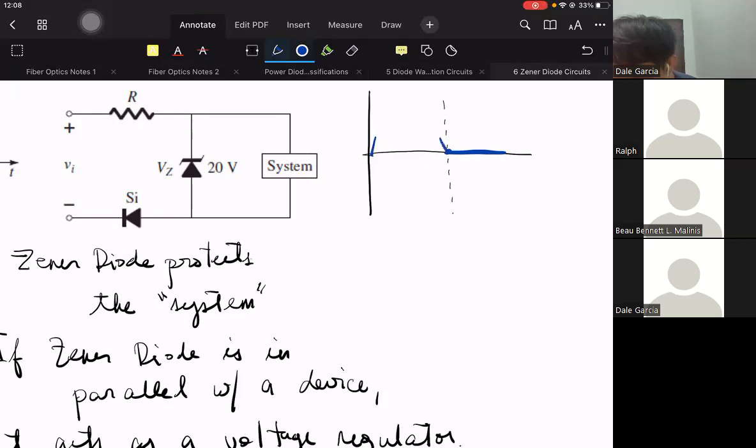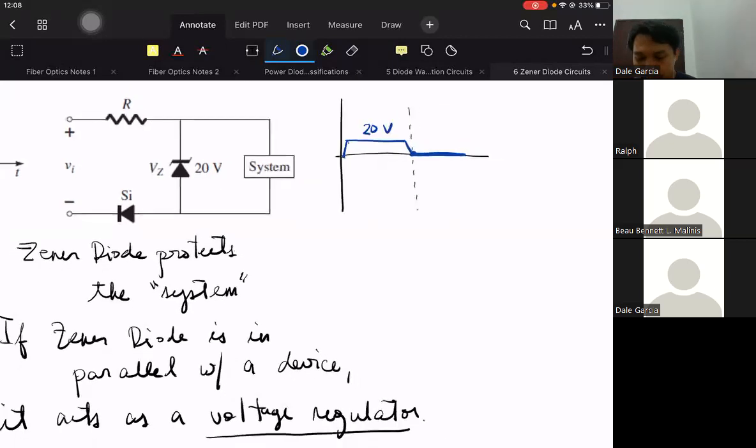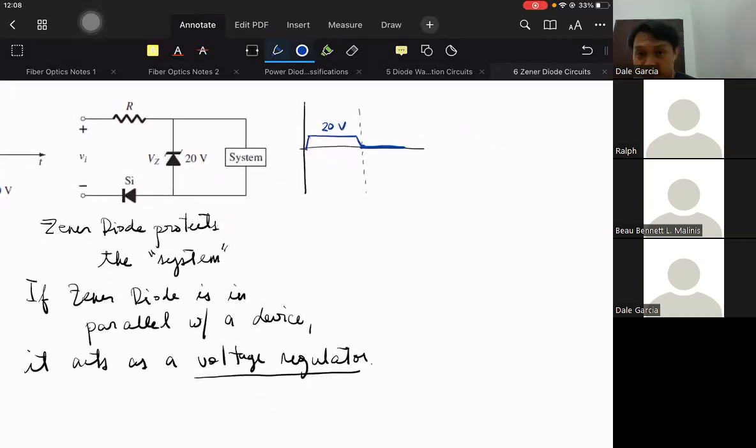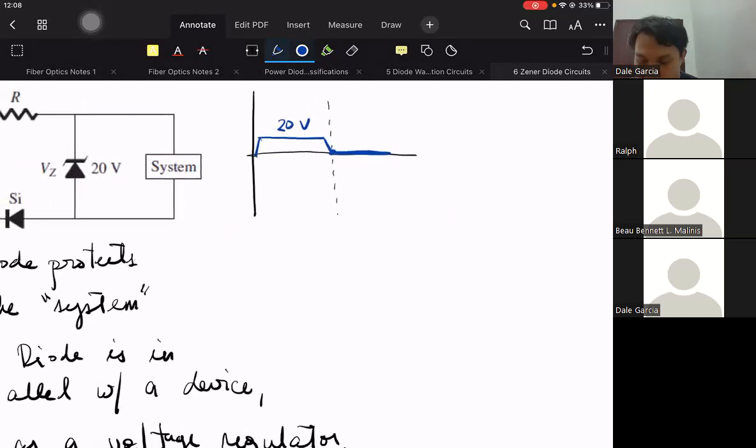So it regulated to that constant value. And what value is that? 20 volts. So in this manner, our Zener diode has regulated the value delivered to the system at only 20 volts. So that is the output waveform.